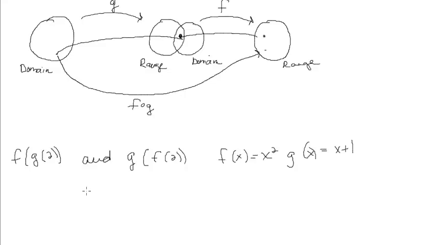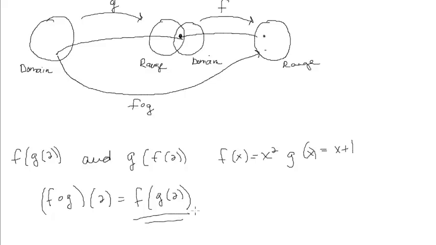Okay, so f of g of 2, you could see this written a couple different ways. You could be asked to find f of g of 2 like this, and then more explicitly that means f of g of 2. And I think this way tells you more, because all that this means is that I'm going to find f of whatever g of 2 equals.